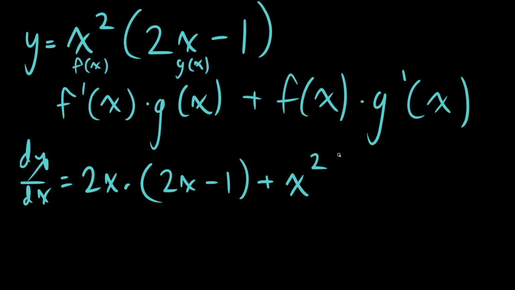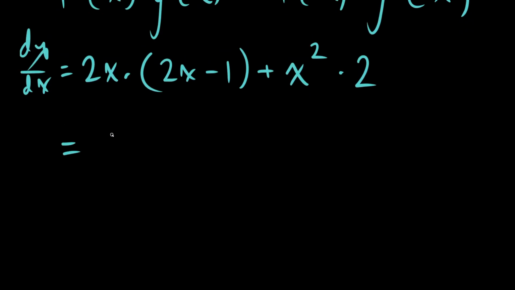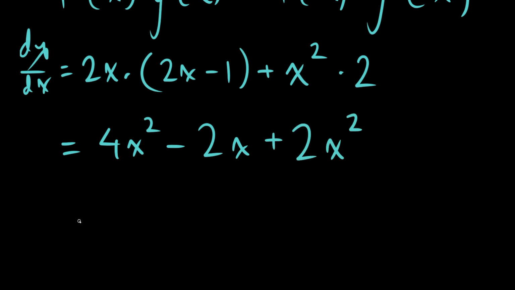The derivative of 2x is just 2. So you would get 4x squared minus 2x plus 2x squared. This simplifies out to 6x squared minus 2x.